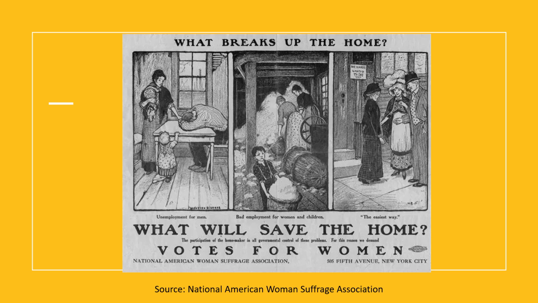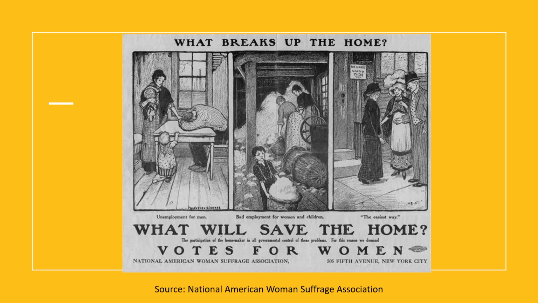So here there was concern about what will save the home, and the National American Women's Suffrage Association said votes for women. Certainly they're saying unemployment for men breaks up the home, bad employment for women and children breaks up the home, and consequently the easiest way to address these economic concerns as they relate to men, women, and children, was to give votes to women.